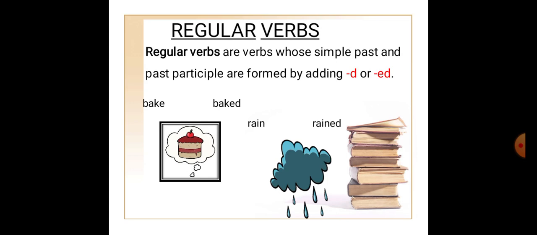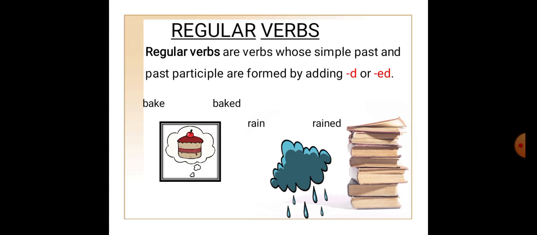Like here I have bake. In bake you can see that e is already present, so I simply wrote baked, adding only d, because e was already present. But in the word rain, I add ed, because there is no e in it.